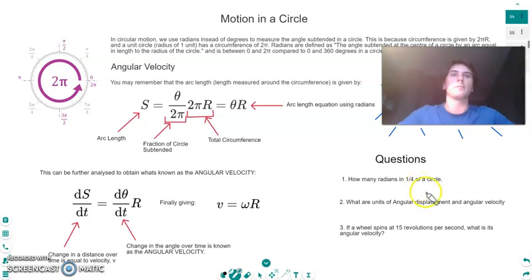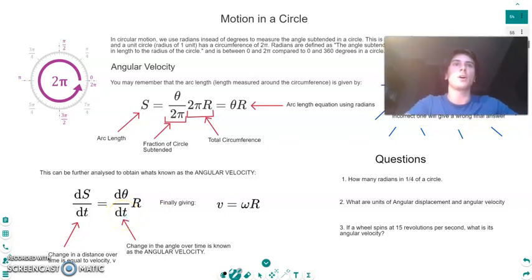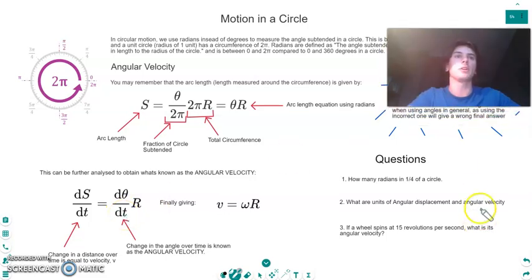Angular velocity, as we can see here, is d theta over dt. So it's the change in radians over time. So that is radians per second.